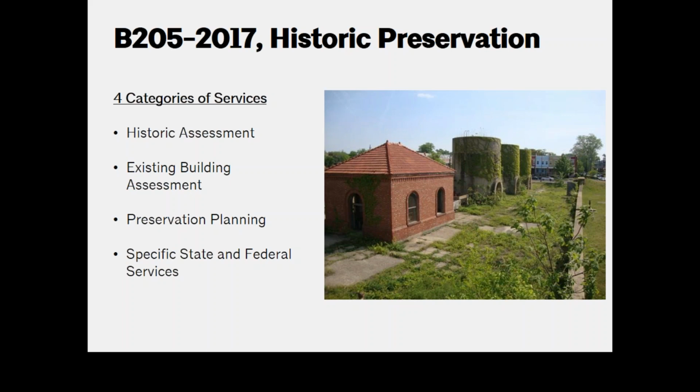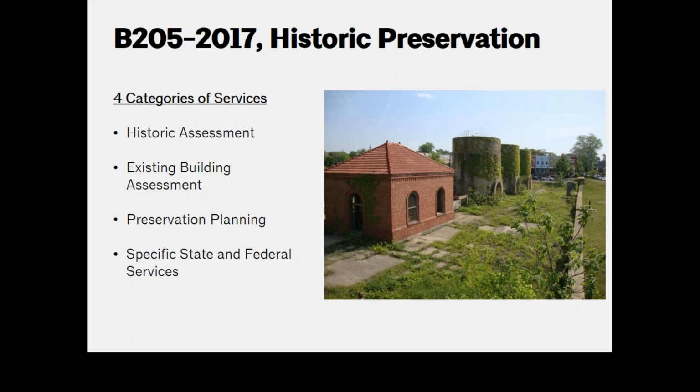Quite often when you're working on a project with historic significance, either the owner is going to require you to research the history, or more likely your local government or your state is going to require you to research the history and provide a building or history chronology of that building, as part of any redevelopment of that project or of that site. And so we have a handful of services for historic assessment that an architect can perform.